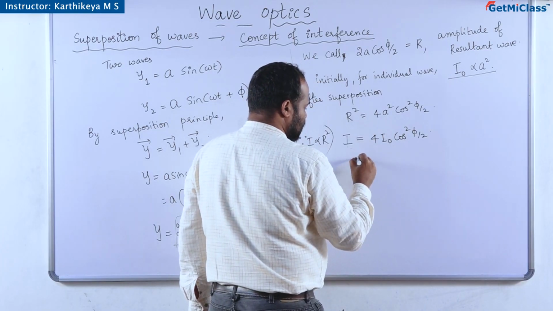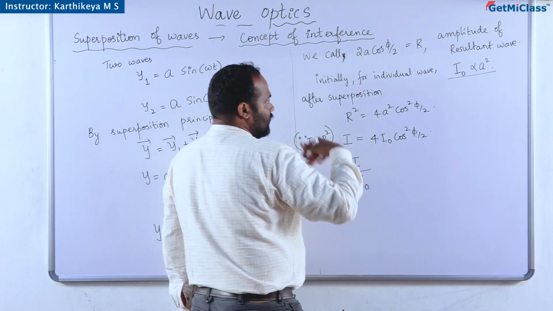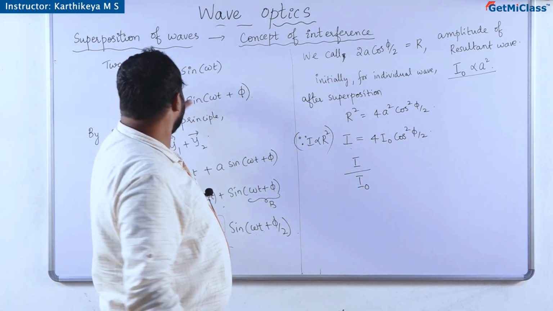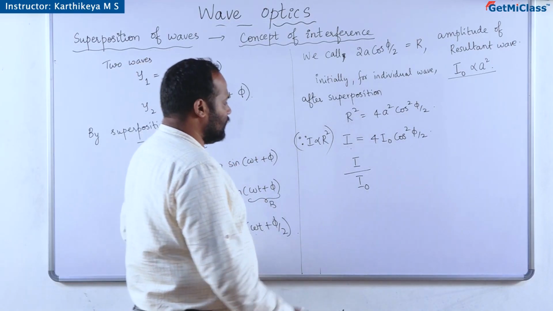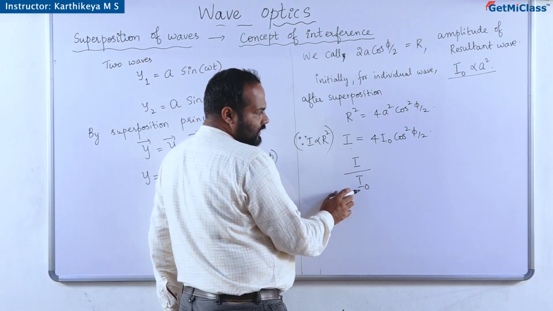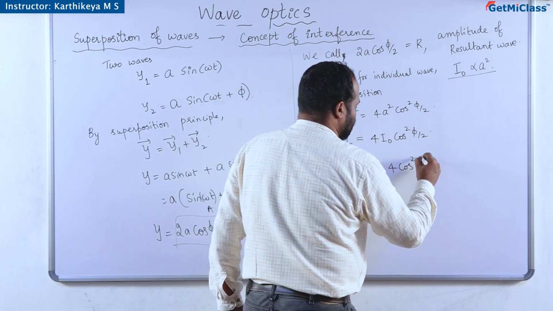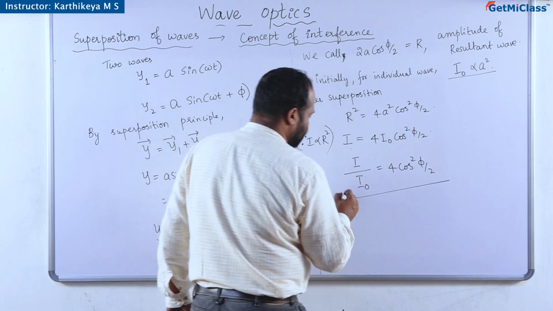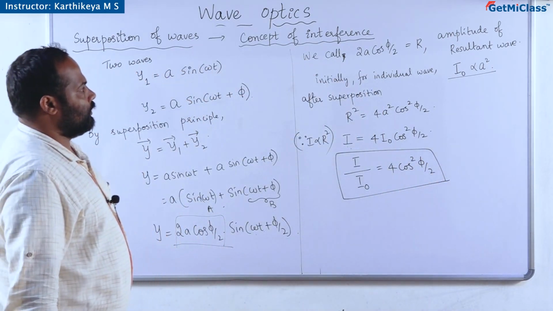That is the intensity of the resultant wave, or the mixture of two individual waves mixed with one another, with respect to the original intensity, given by the formula 4 cos square (phi by 2).